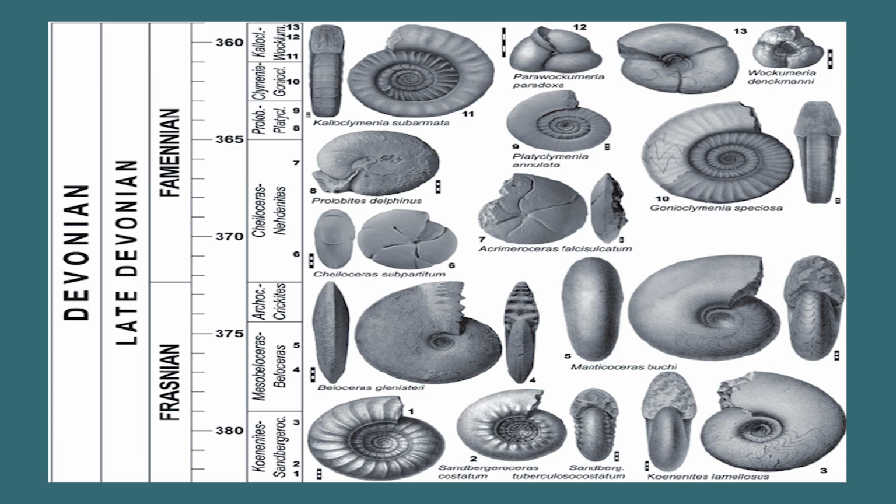Then the septal necks changed from retrochoanitic to prochoanitic, and the sinus in the external margin of the aperture decreased in size and then ultimately disappeared. The various goniatite stocks that persisted into the Permian gradually took on Ammonoid characters until the Upper Triassic, where the maximum development was reached.